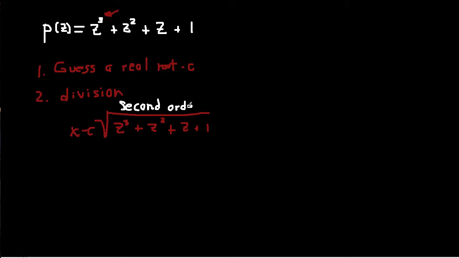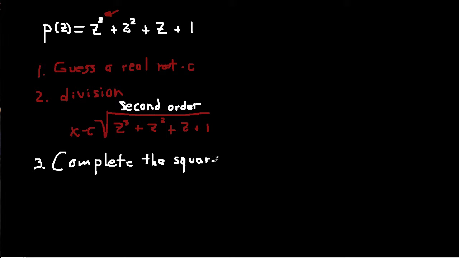When you find that second order polynomial, then you have to do the third part of the problem, which is complete the square to find the other two roots.